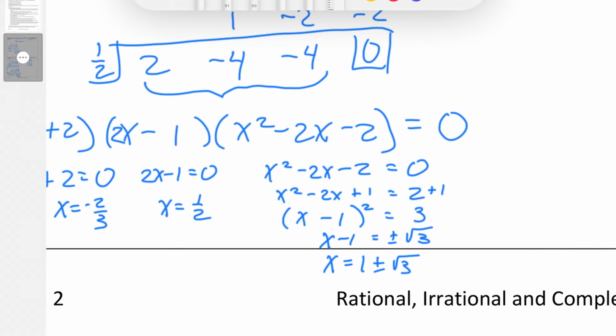Those other two numbers that were on our graph that we couldn't reconcile are those two irrational numbers, 1 plus the square root of 3 and 1 minus the square root of 3. One of the things that you can do, it's definitely not a requirement, but you can go back to your calculator and in your trace function, you can input what we think we have just found.